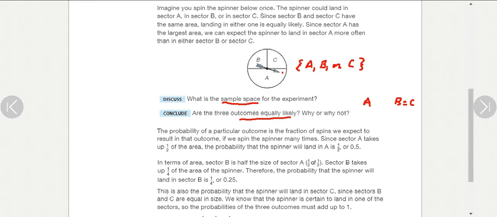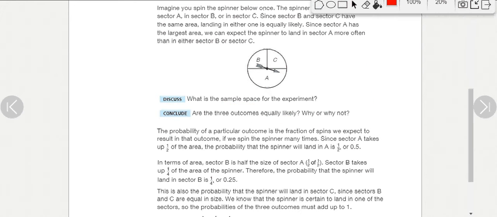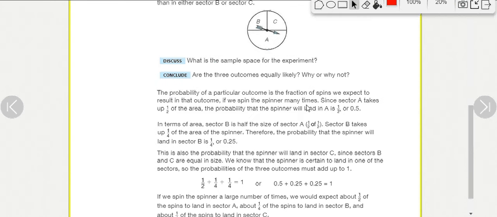Now think about how these are all related, the size of the sectors in relation to the circle. How much of the circle is letter B? It's 1/4.